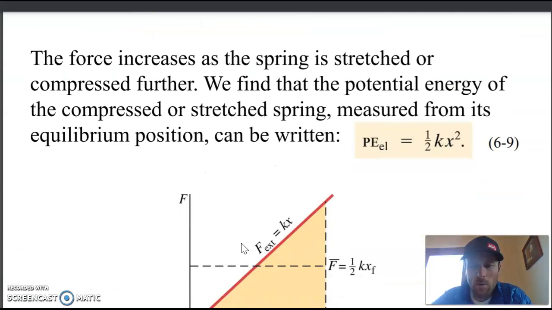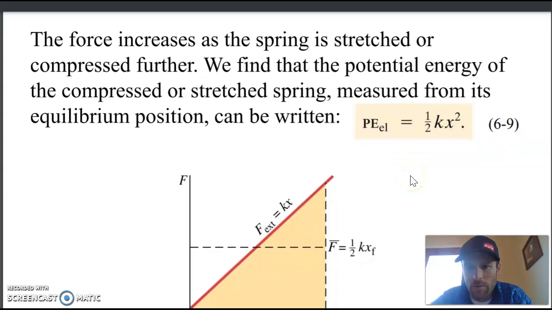So probably a more important equation than Hooke's law is the elastic potential energy equation. And this one isn't in your textbook. I included it in the equation sheet for this unit, 1/2 kx squared. So what that means is if I want to calculate the potential energy in joules of a compressed or stretched spring, I would need to know the spring constant and how far I've stretched it or compressed it.